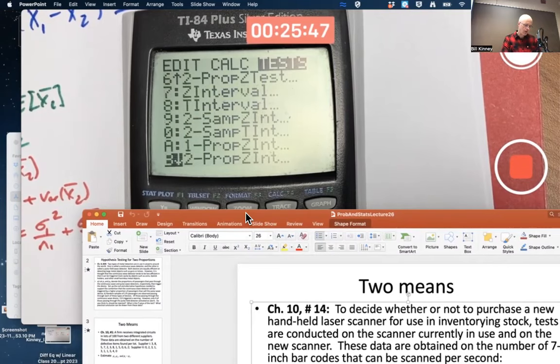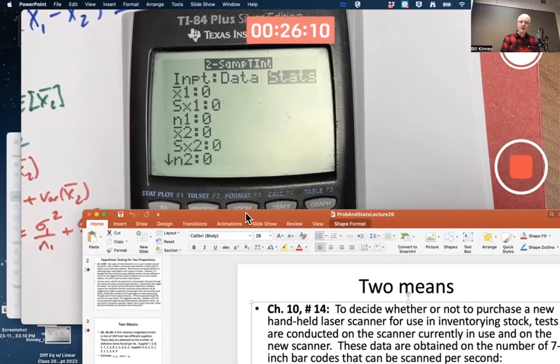And it's not for a proportion, so we don't use the prop one. We use a two-sample T interval. That's the implicit assumption when using that part of the menu, that we are getting a confidence interval for the difference of two means using a T statistic, because we don't know the population variances. We are using sample variances. I could use data if I had data, but I don't have data. I've got stats.